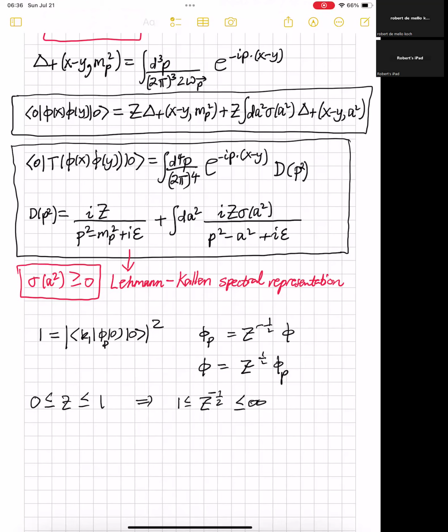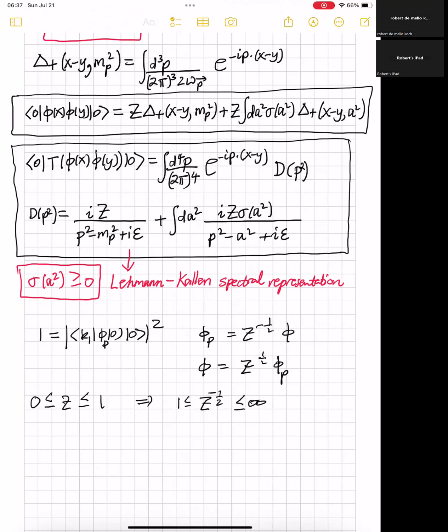So what we're learning here is something that in retrospect is not too surprising. We said that the parameters m and g were not the physical mass and couplings. We needed to introduce a physical mass, m phys, and a physical coupling, g phys. We're now learning that the field itself, the field strength of it, is also not physical. And we have to renormalize the strength of the field.